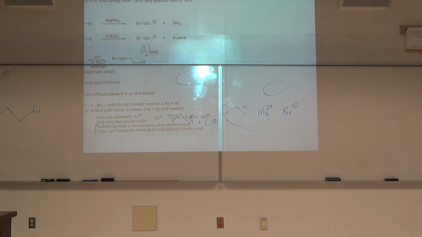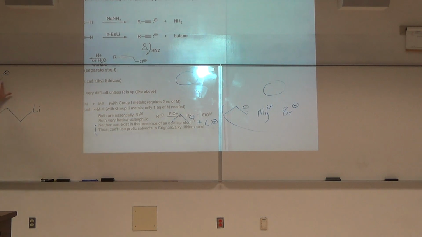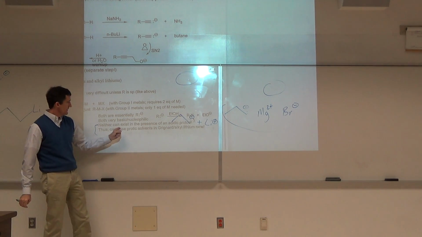A broader term is organometallic. What does that term mean to you? Organo? Organic. What does metallic mean to you? Lithium. It's called an organometallic reagent. Sort of makes sense, right? Okay, so we're dealing with organometallics.